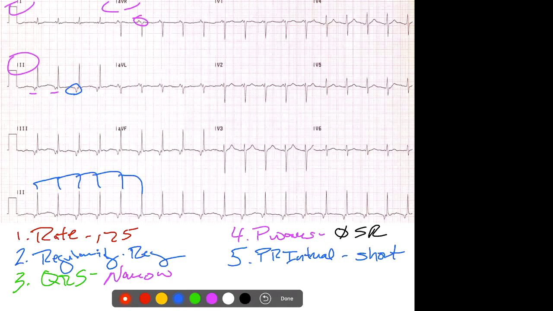We've got a fast, regular rhythm that begins above the ventricles, but is not sinus, with a short PR interval. Even though we did not specifically talk about this rhythm in class, it is mentioned in the book, at least in the margin. Hopefully you'll be able to put this information together and tell me where you think the primary pacemaker is coming from.